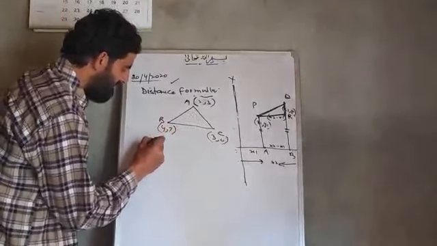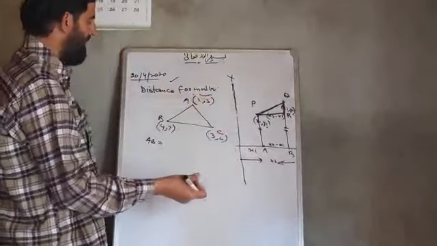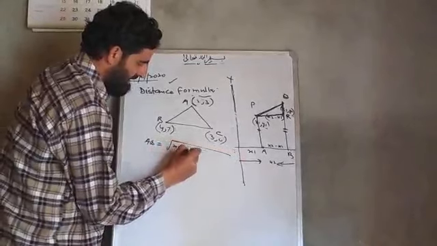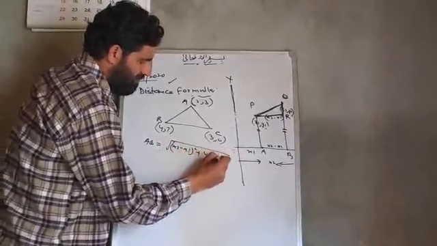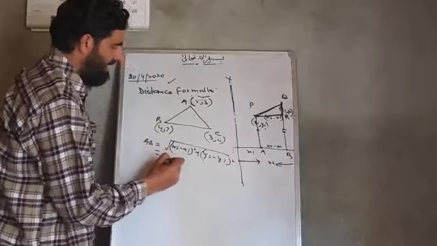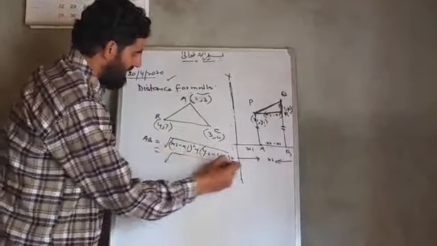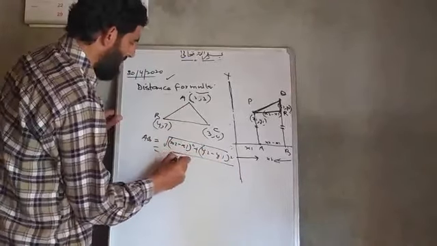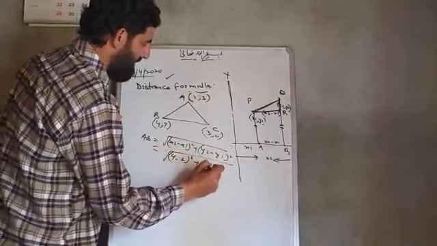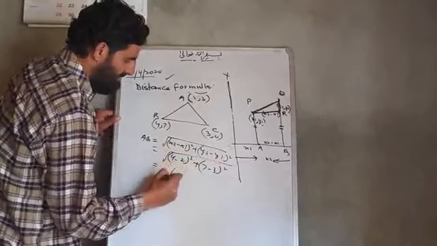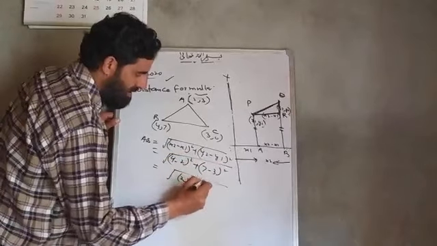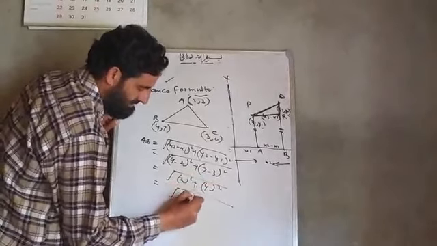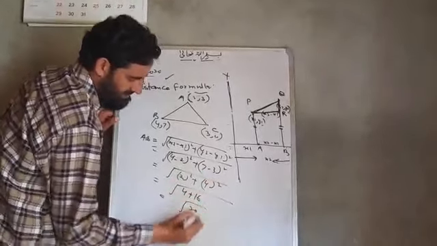Then you can find AB by applying this distance formula, under root of (x2 minus x1) whole square plus (y2 minus y1) whole square. AB will come equivalent to under root of (4 minus 2) whole square plus (7 minus 3) whole square, that is 2 square plus 4 square, under root of 4 plus 16, that's under root 20.